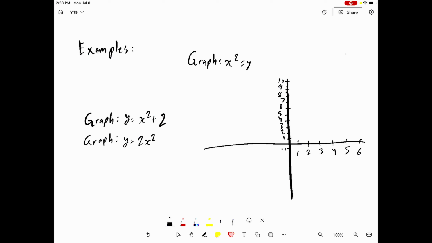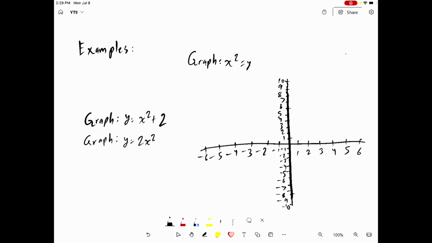Then -1 through -9 and -10. I know this looks a little confusing, but for this problem at least, you won't have to worry about this. And I'll show you why in a minute. But we have here -1, -2, -3, -4, -5, and -6.